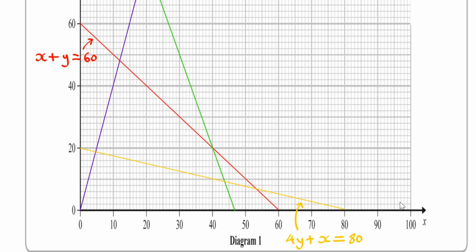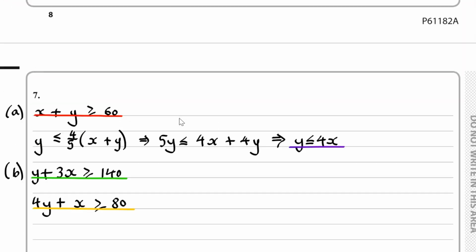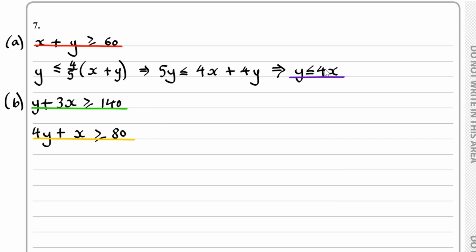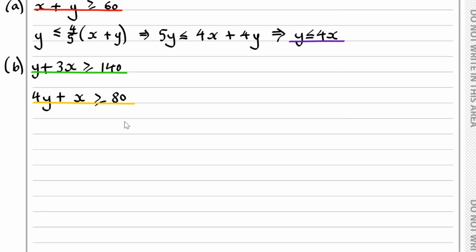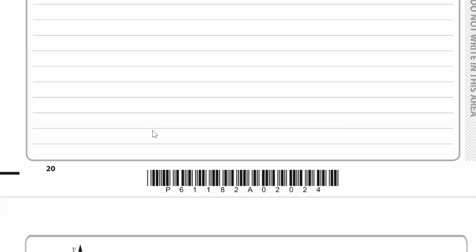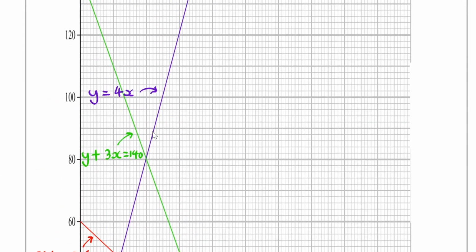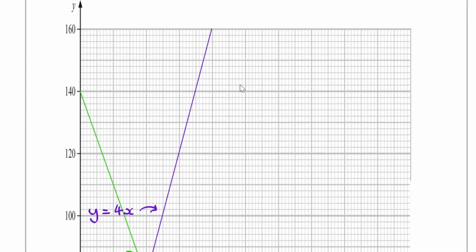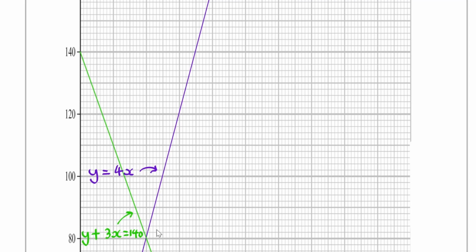Okay, so having plotted all those, we now have to show our feasible region. So we have x plus y being greater than 60, y being less than or equal to 4x, y plus 3x being greater than 140 and 4y plus x being greater than 80, our feasible region therefore is all over here. If I can show this properly, that would be good.